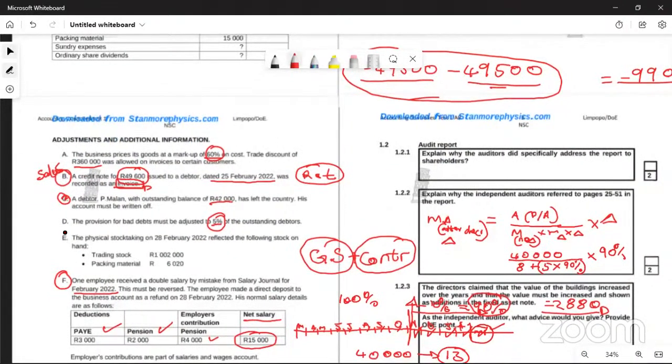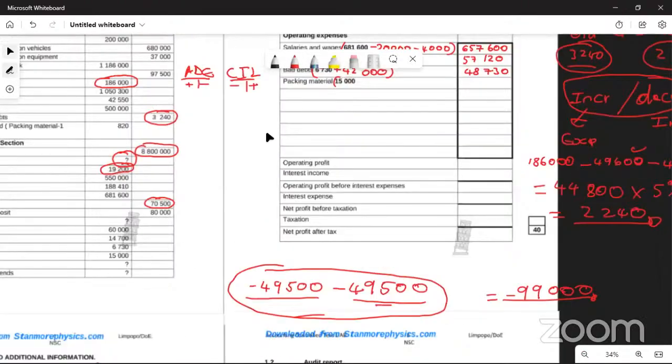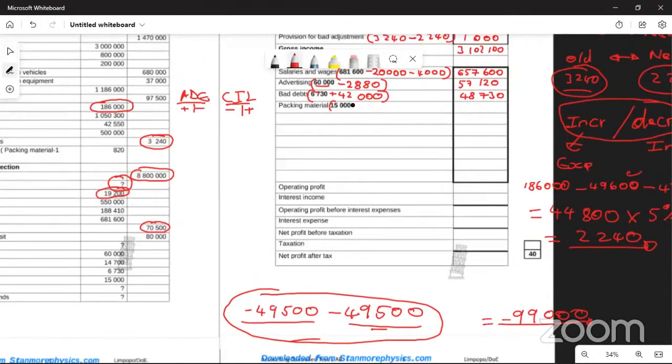There it is, transaction E. Transaction E says the physical stock taking on 28 February 2022 reflected the following stock on hand: packing material, 6,020. It is 6,020, not 620.